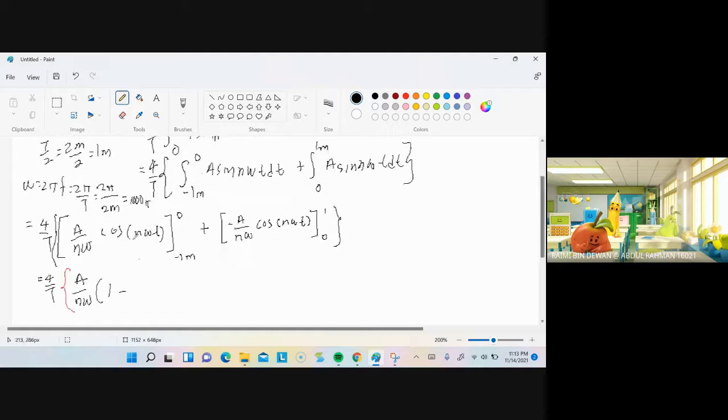So 1 minus cos, we have cos of omega, which is 1000 pi, and for n equals 1, because later on we will have 1, 2, 3 and so on.